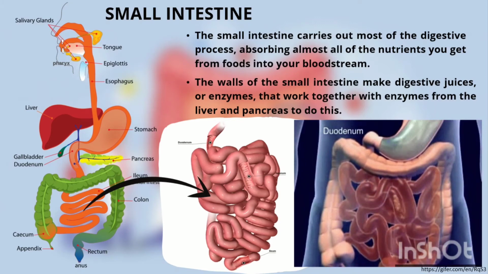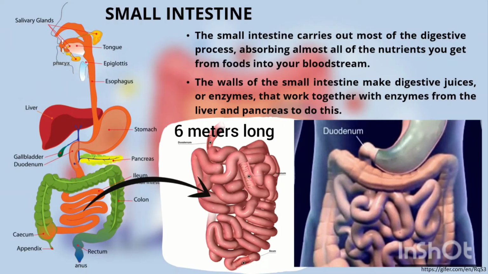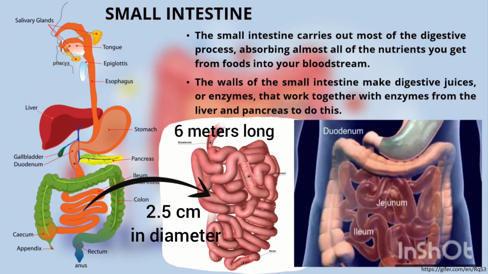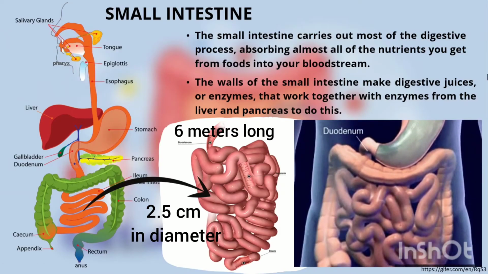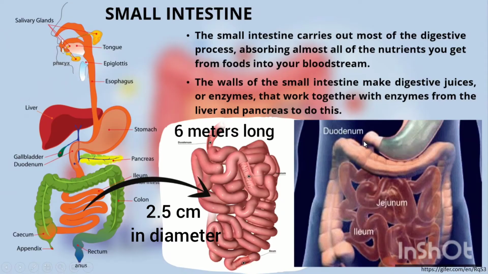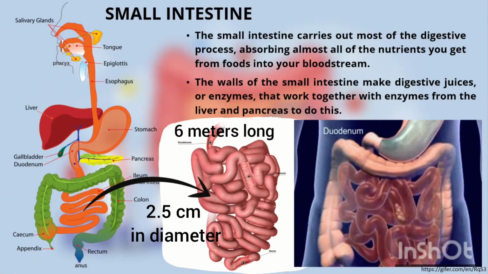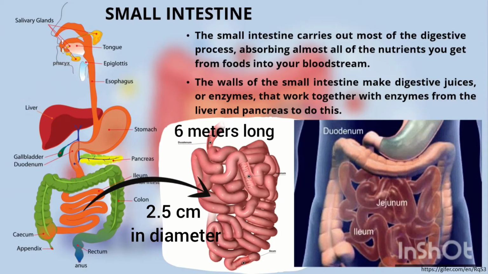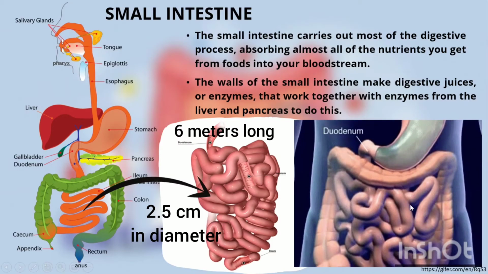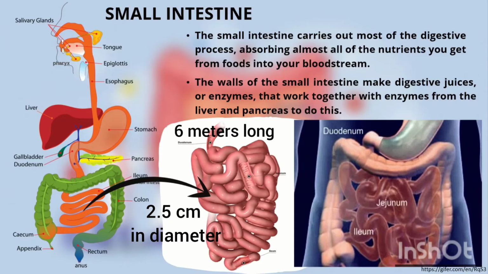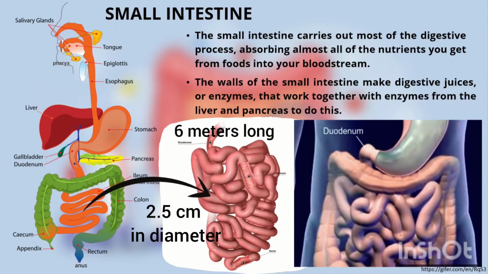An adult small intestine measures about 6 meters long and approximately 2.5 centimeters in diameter when stretched. The small intestine is divided into 3 sections: the duodenum, which is the shortest and the most fixed part; the jejunum, the middle and freely movable part; and the ileum, which is the longest and the highly coiled part.